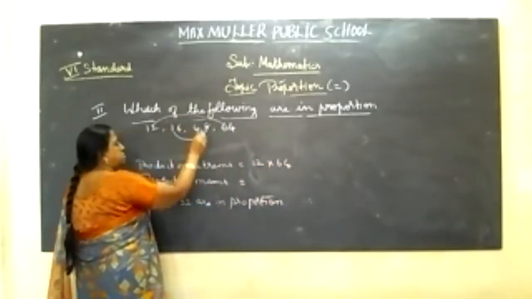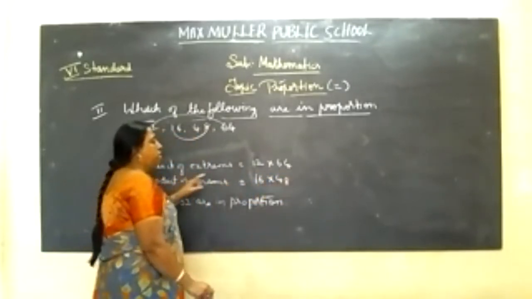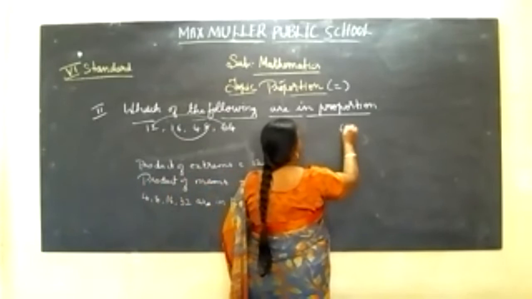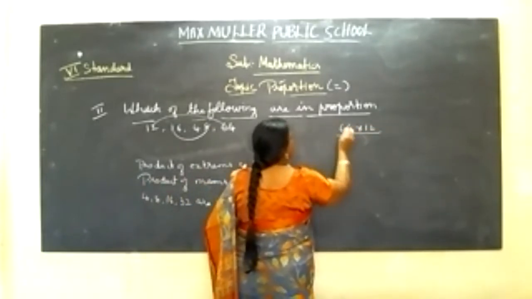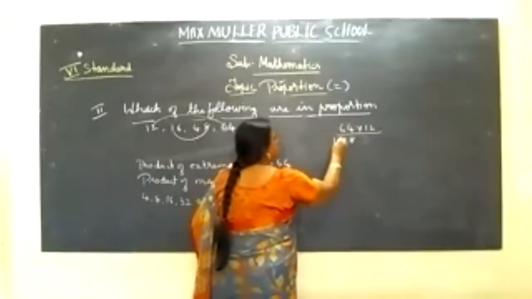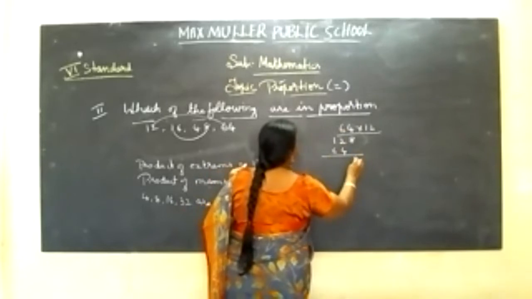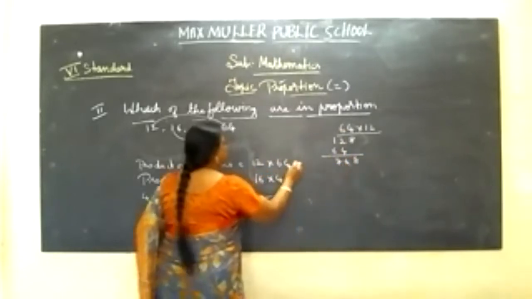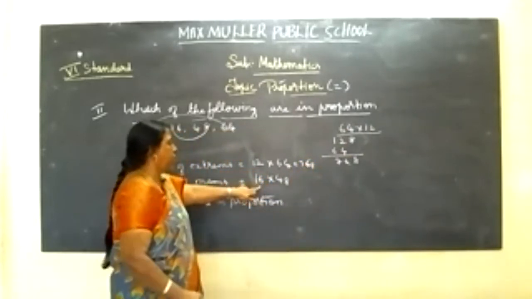Product of means is 16 into 48. So just multiply that. 64 into 12: 4 2s are 8, 6 2s are 12. Now 4 1s are 4, 6 1s are 6. So 768.